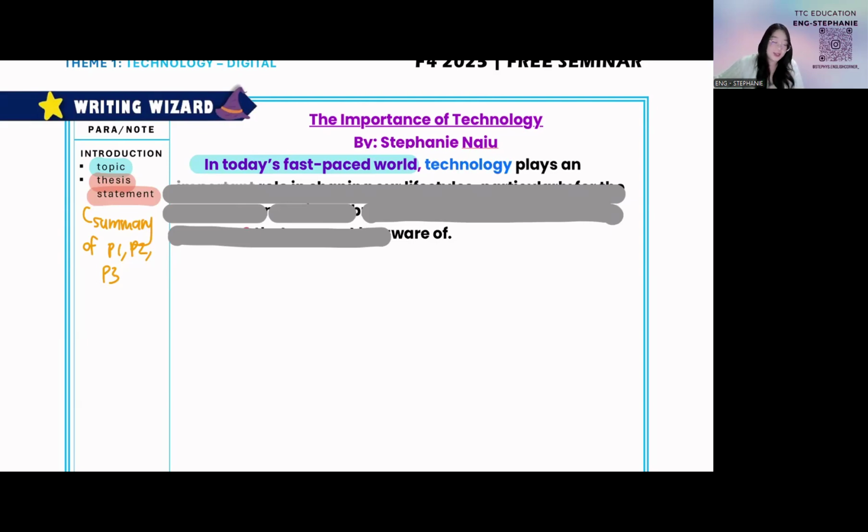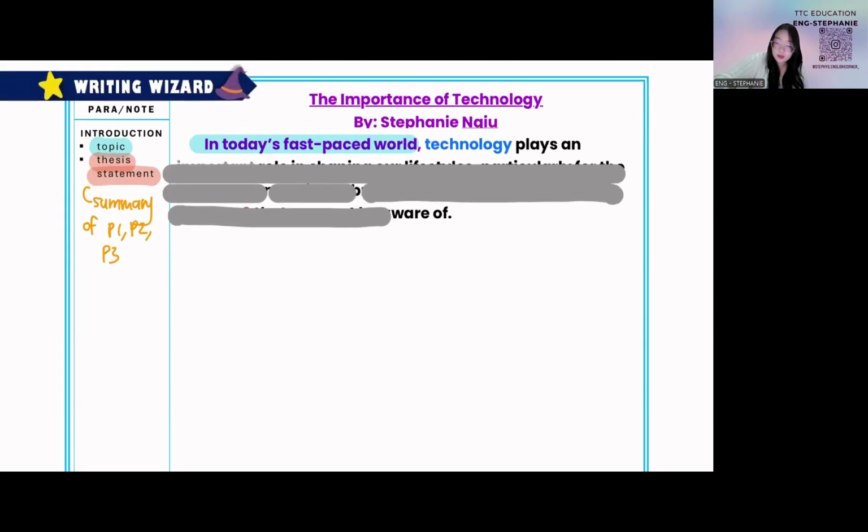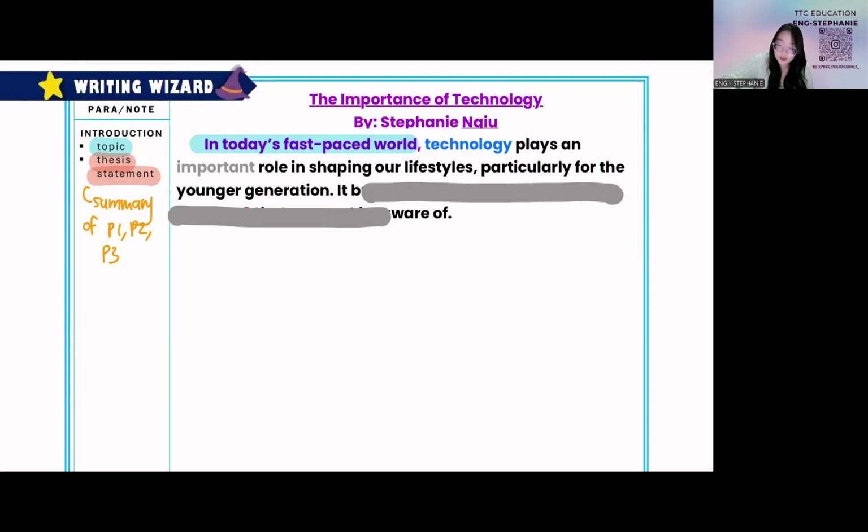Technology plays an, usually we always say that it's important, right? So technology plays an important role in shaping our lifestyle, particularly for the younger generation.